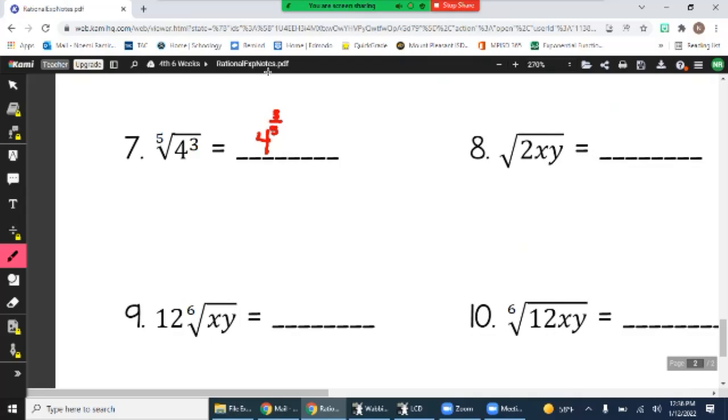Breaking apart. 2 needs an exponent of 1. x needs an exponent of 1. and y needs an exponent of 1. The index is 2. If there's no number in the index spot, that is a 2. Making this 2 to the power of 1, 1/2, x to the power of, and y to the power of.